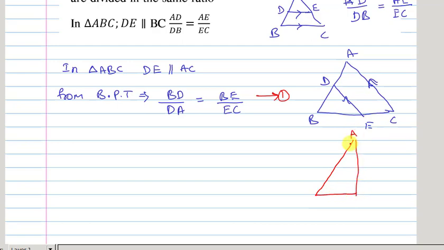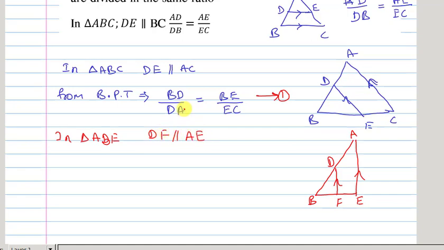In triangle ABE, they mention that DF is parallel to AE.